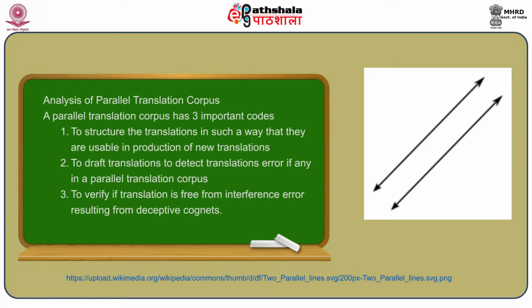Last, to verify if any translation is free from interference error resulted from deceptive cognates. For instance, we know that the Hindi word sandesh means news, while in Bangla the word sandesh means a kind of sweet, so they cannot be treated or accepted as good cognates for mutual translation, although they appear similar in form in the two languages.